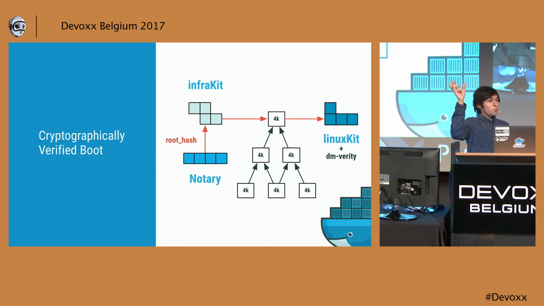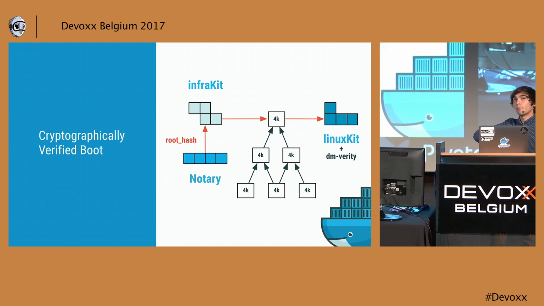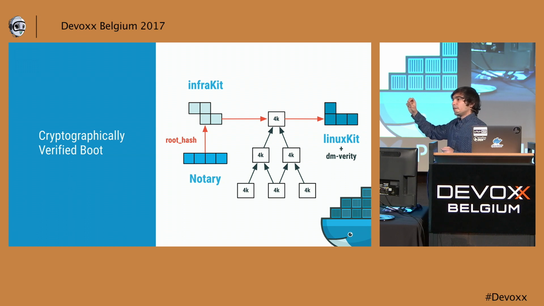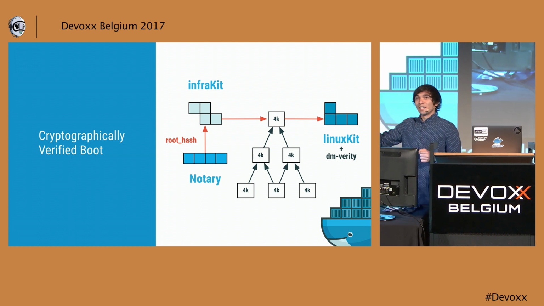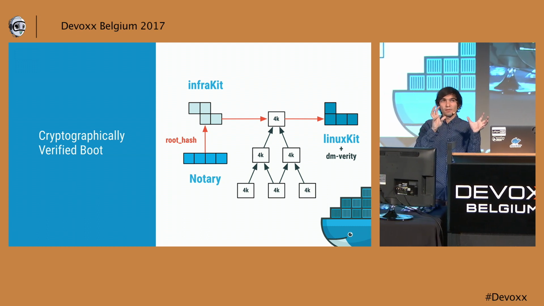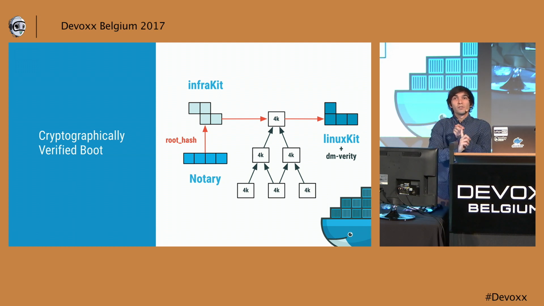So you can imagine that Infrakit is a really nice way of spinning up VMs, for a LinuxKit-based OS. But Notary is also a really great way to get hashes because we have that cryptographic name resolution from human readable name to cryptographic digest. So we can use Notary to securely sign dm-verity hashes.